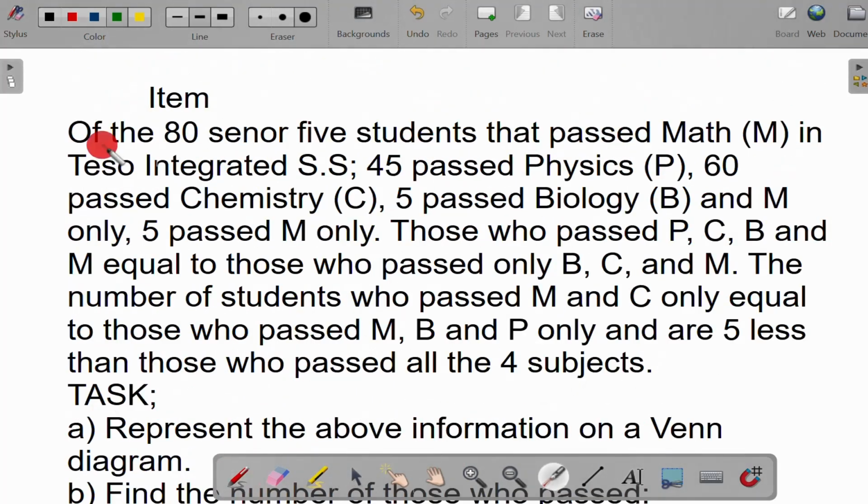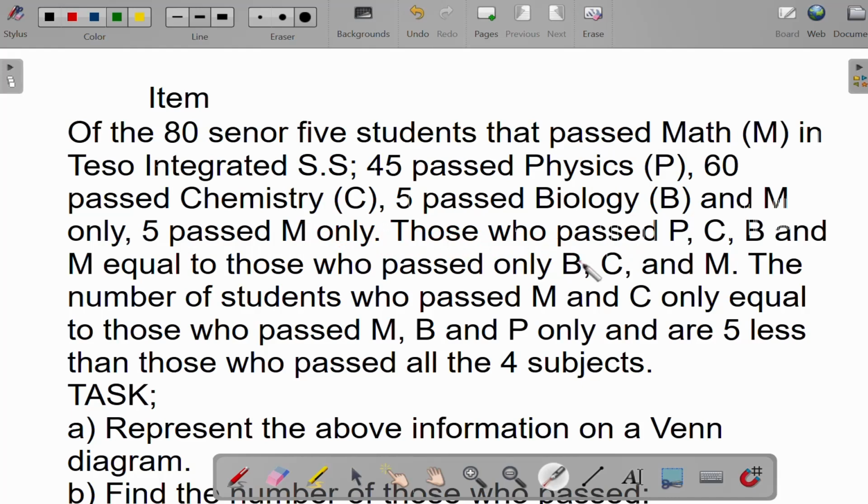It reads: of the 85 senior students that passed math (M) in TESOL integrated SS, 45 passed physics (P), 60 passed chemistry (C), and 5 passed biology (B) and M only. 5 passed M only, that's math only.